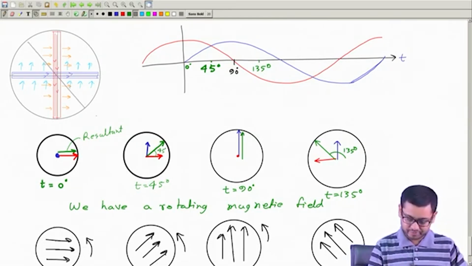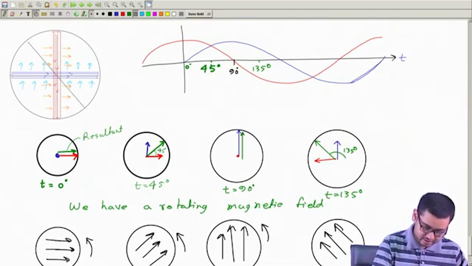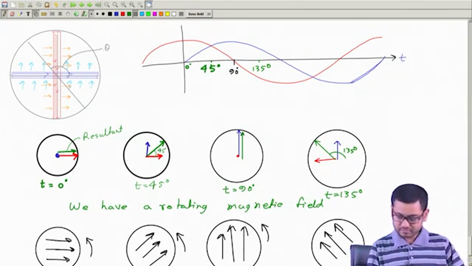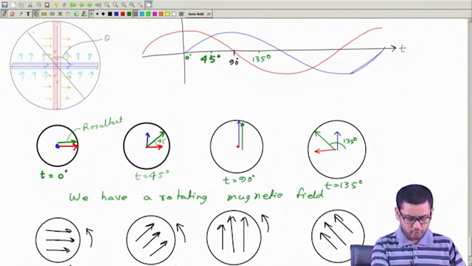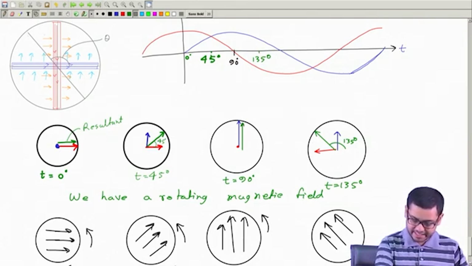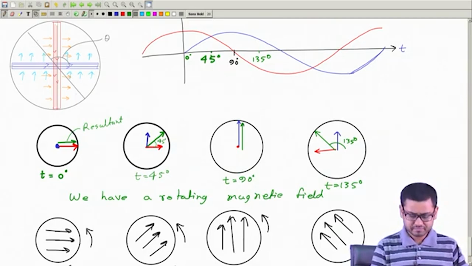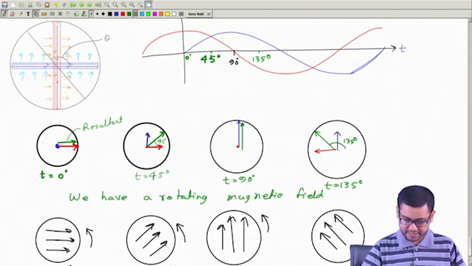So this is the third coil, which is at an angle, say, theta. Now, how much is the flux linkage of this coil at any particular time? Let's calculate that.